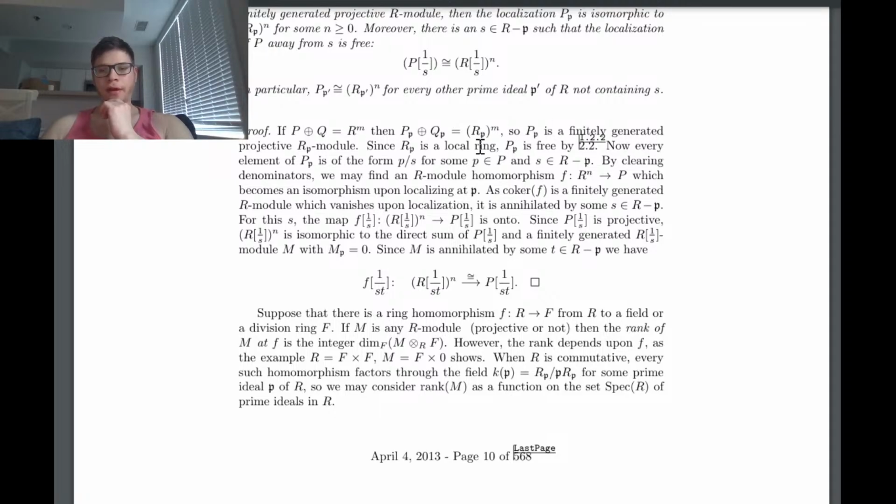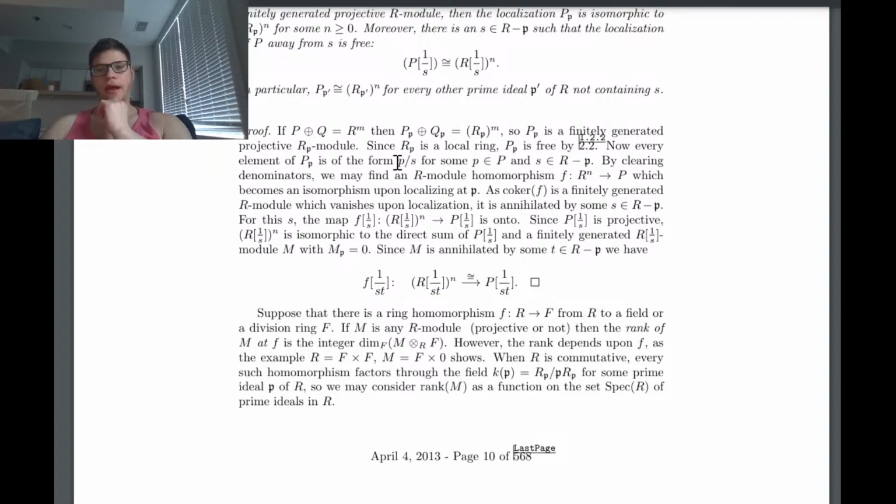So it's free now. Every element of P_P is of this form. So we can take an R-module homomorphism which, when you localize at P, becomes an isomorphism.